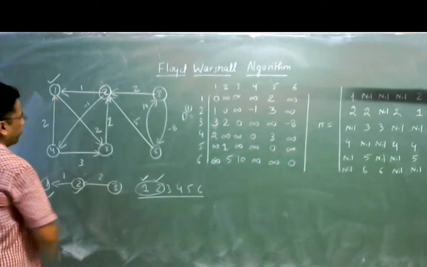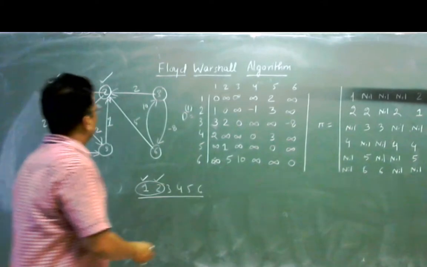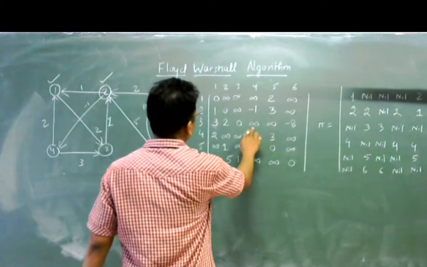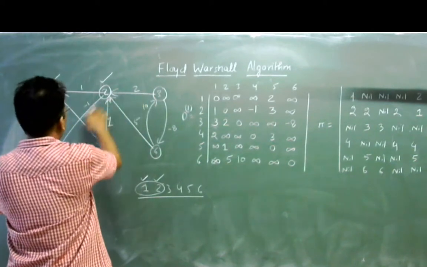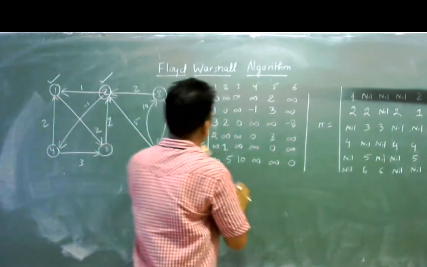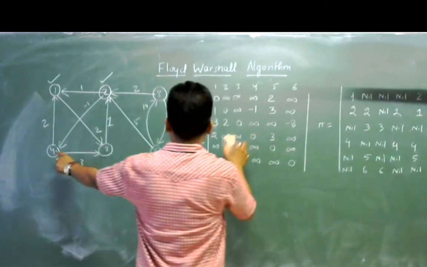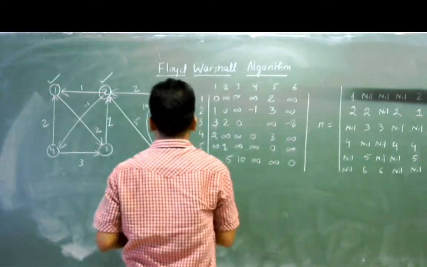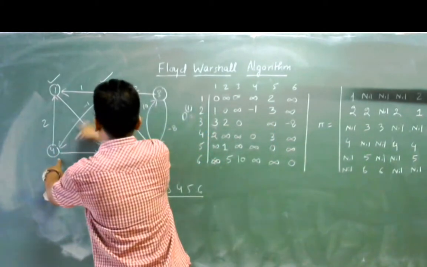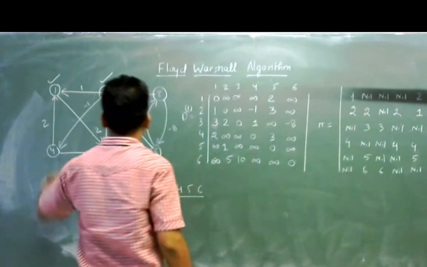This one is free, this is also free, so you discovered a new path. 3 to 4 is not accessible directly, but you can get a new path 2 minus 1, meaning 4 to 1. 4 to 3 there is a path. 3 to 4, the distance earlier was infinity, and it will become 2 minus 1, 1, right?